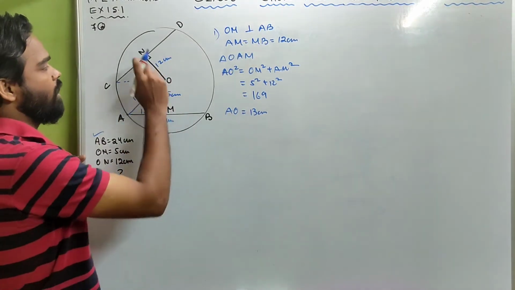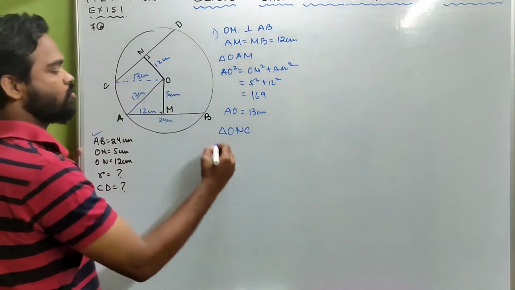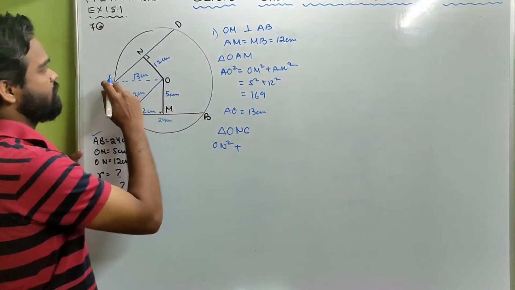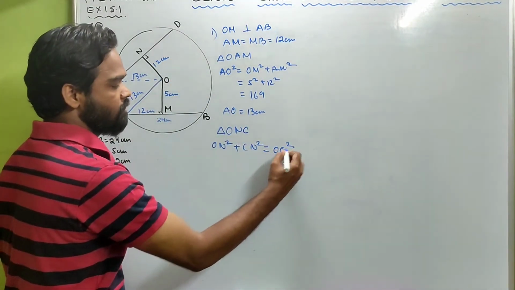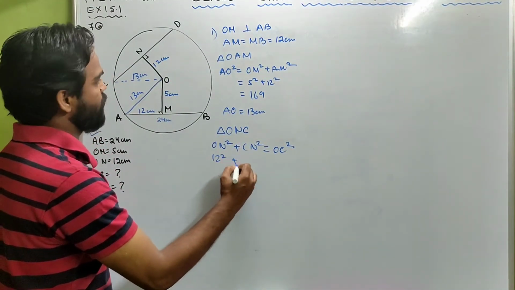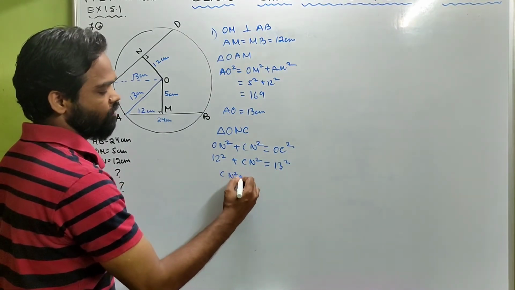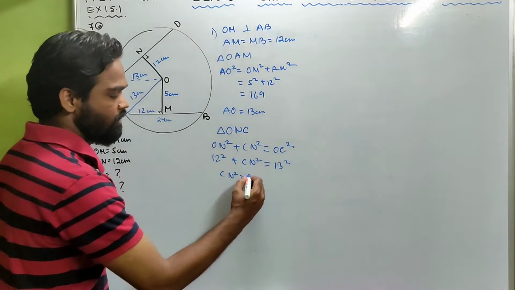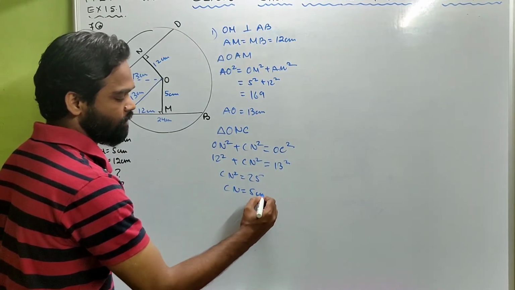Now look at triangle ONC. Over there ON square plus CN square is equal to OC square, which is the hypotenuse. ON is 12 square plus CN square, we don't know. OC is 13 square, so CN square will be 169 minus 144. That's 25. So CN is 5 centimeter.